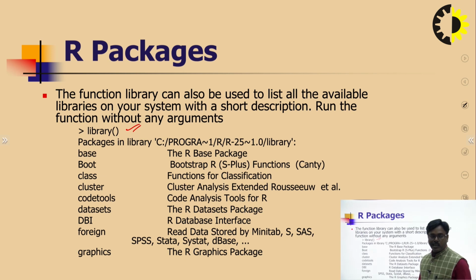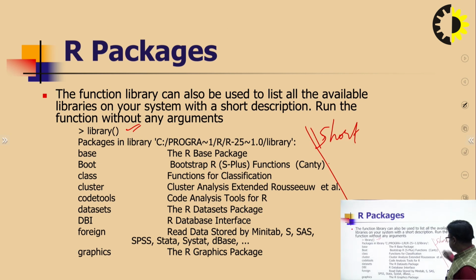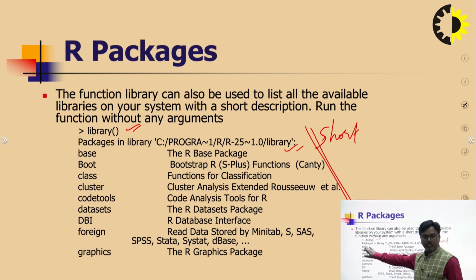When we call this library method, it will display all those libraries, all those data sets, all those library packages with short descriptions. It is describing what actually each package includes.